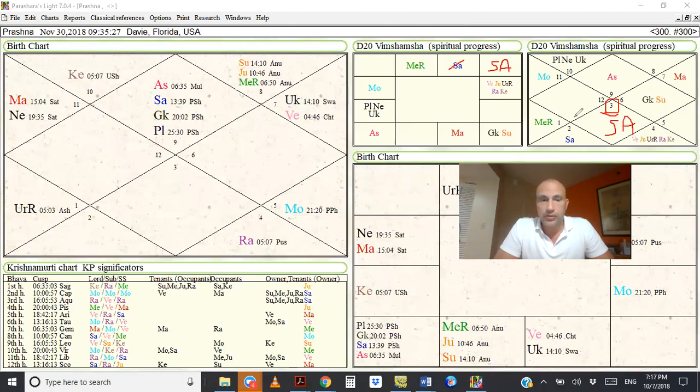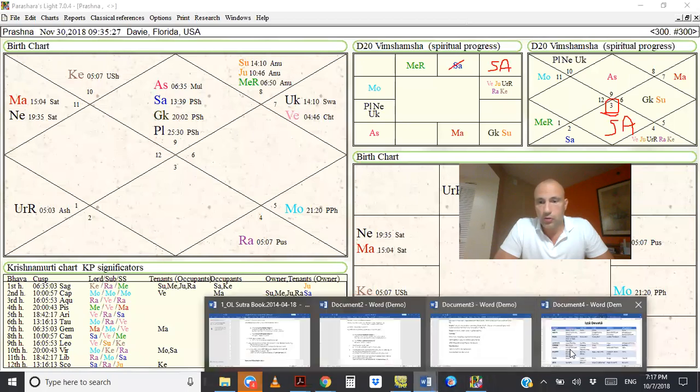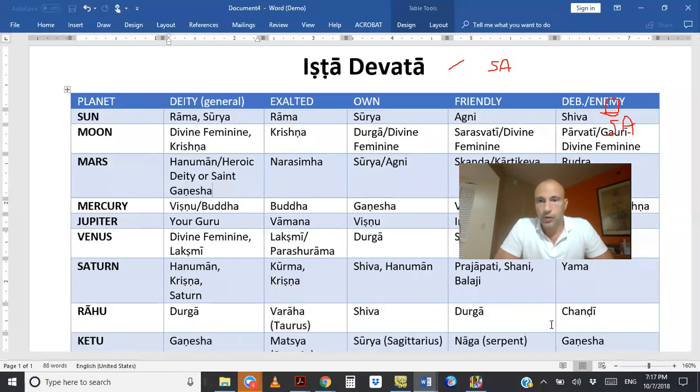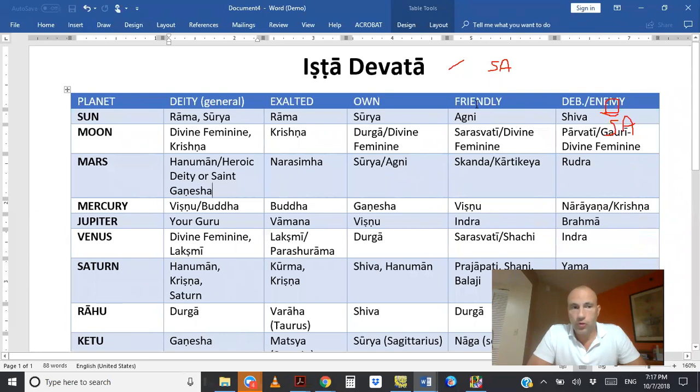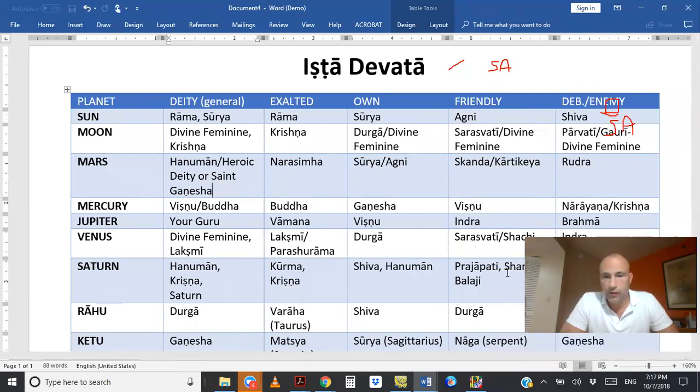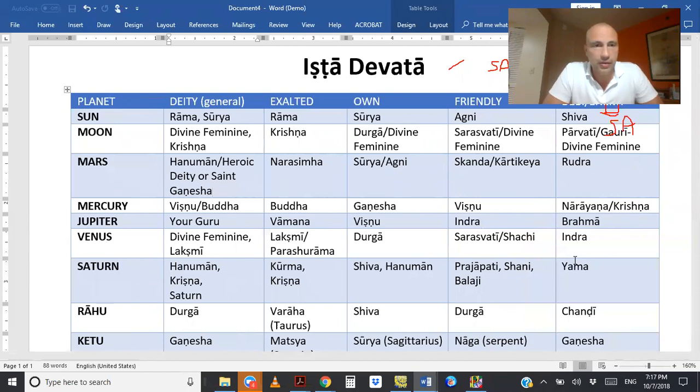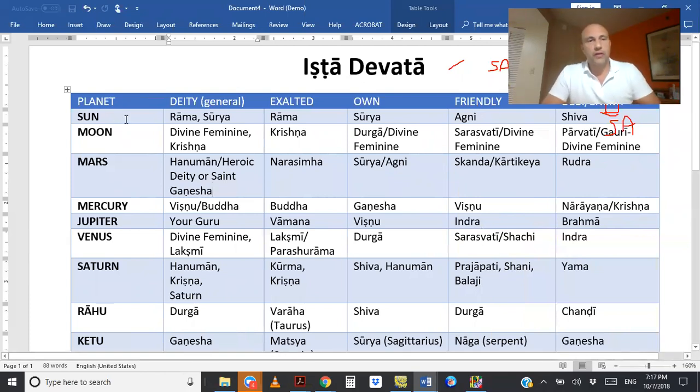Likewise. So let's go to the chart, and then you would go to the friendly column, and you have a choice here of certain influences. Let's actually go through these and take a look at what the possibilities are. If you get the Sun as the strongest indicator of Ishta Devata, the primary deity is Rama.